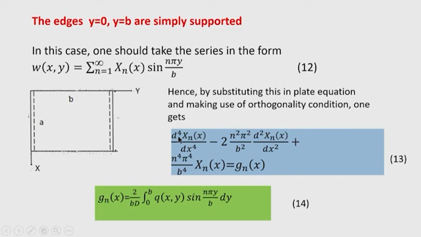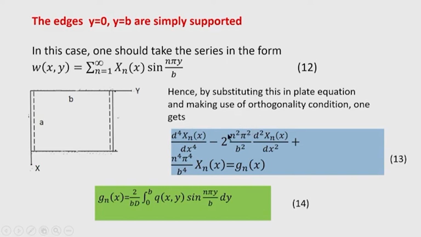That is nothing but d4Xn by dx4. Now, here all derivatives of the functions are with respect to x. Previously, we obtained the function with respect to y, because that function was assumed as a function of y.